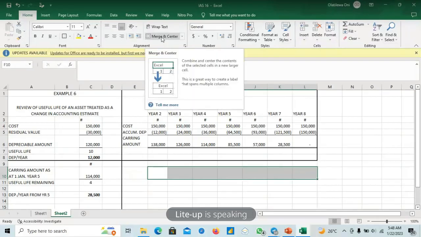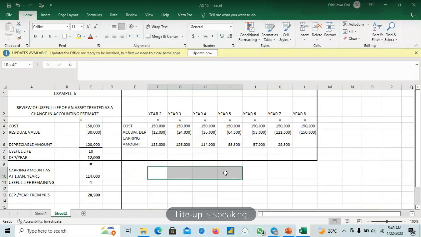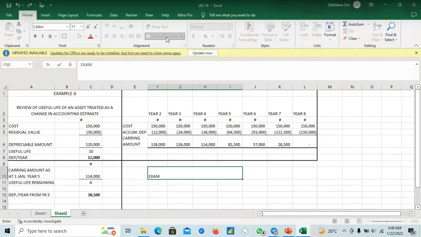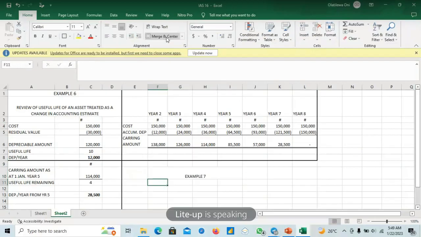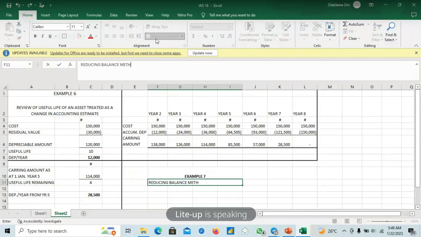I know we have done all of those in the past, but let's use that as example 7: the reducing balance method of depreciation.